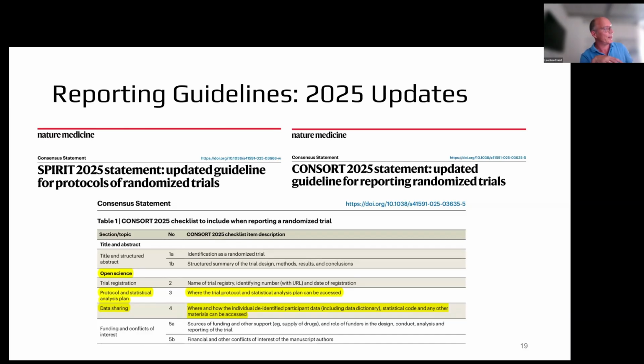So suddenly there's an entry on open science, and there is a question whether the trial protocol and statistical analysis plan can be accessed. Number 4 asks where and how the individual de-identified participant data, statistical code, and other materials can be accessed. So if you start a new trial and you are supposed to fill out this CONSORT form, then these questions will be asked of you also.